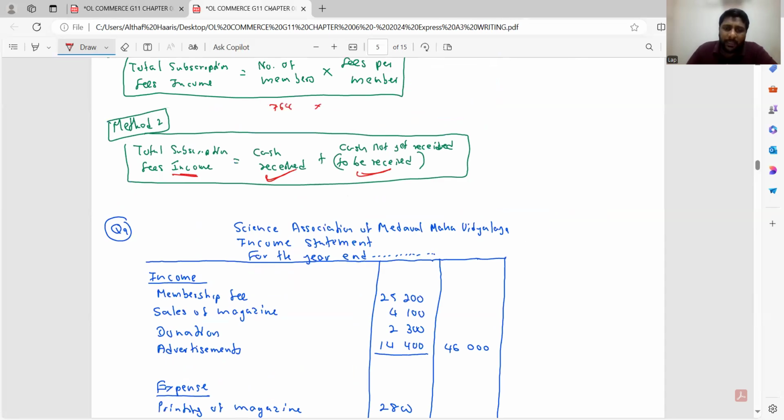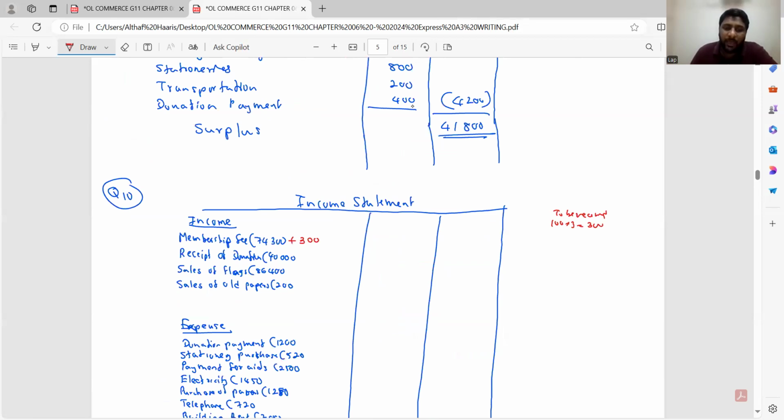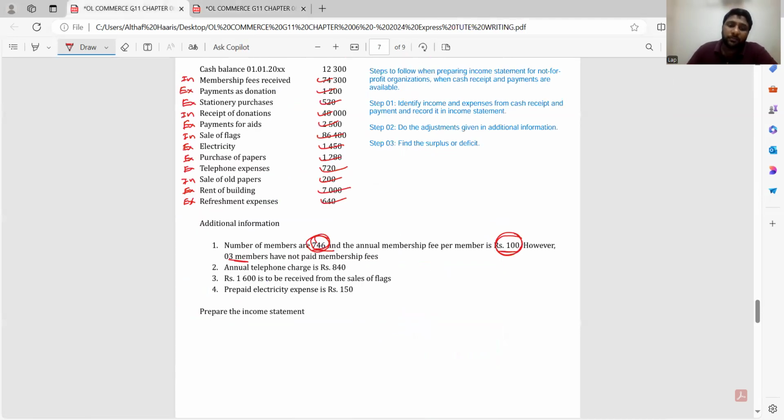So here 74,600. Same amount you are getting here also: 74,300 plus 300, 74,600. So you can use any method that you want. It's up to you. Next one.